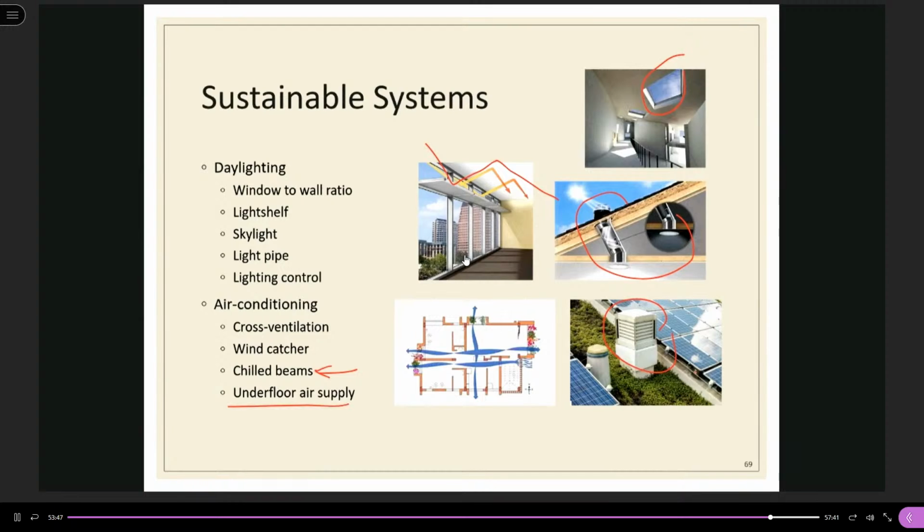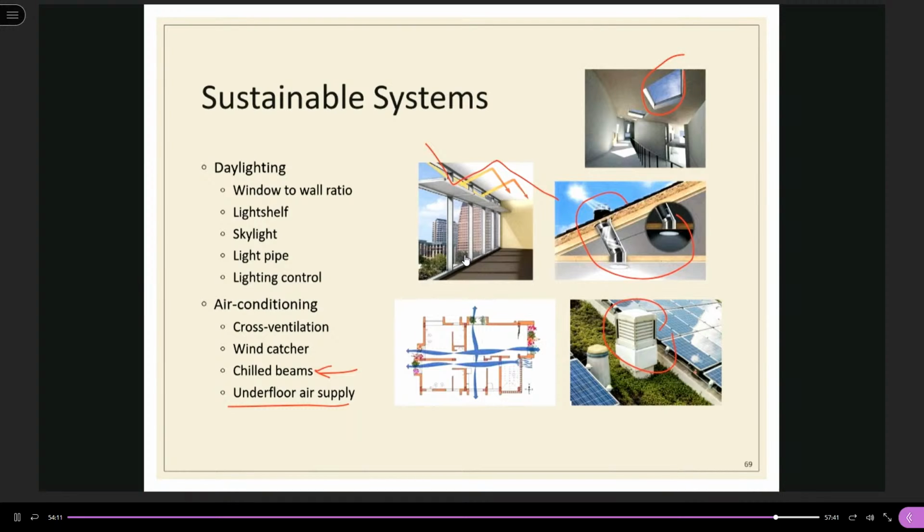Underfloor air supply system. So the occupants' activities are usually at a low level. So air supply from the ceiling may not be too efficient. So instead of supplying cool air from the ceiling, we may supply cool air under the floor or through the floor.